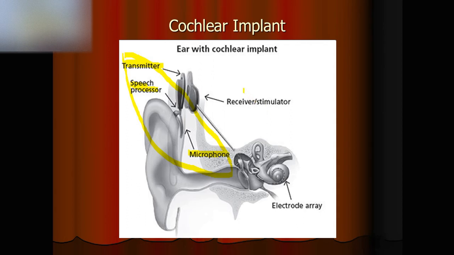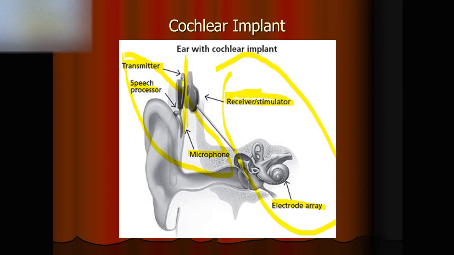There are another 2 parts. One is the receiver or stimulator. The other one is the electrode array. These 2 are placed underneath the skin. Skin is right here. This is our skin.